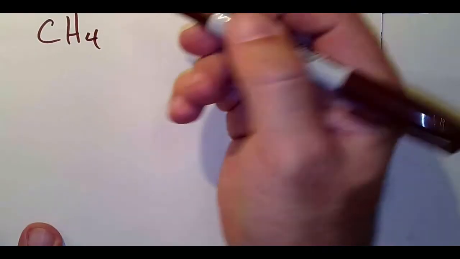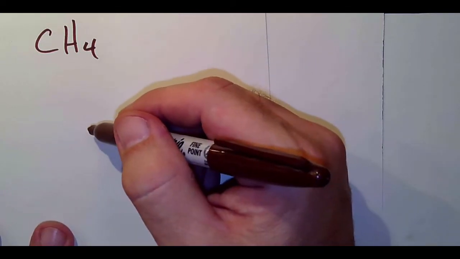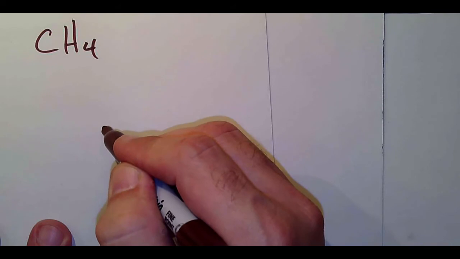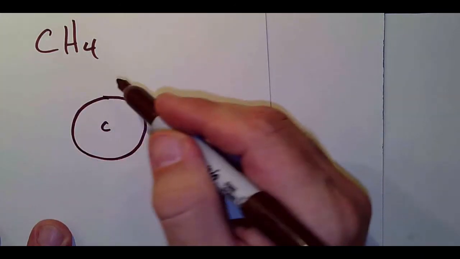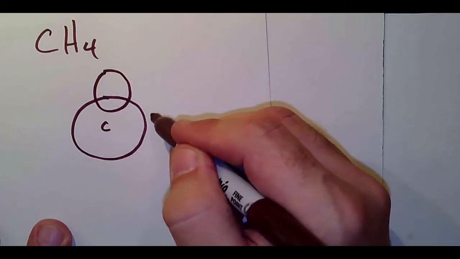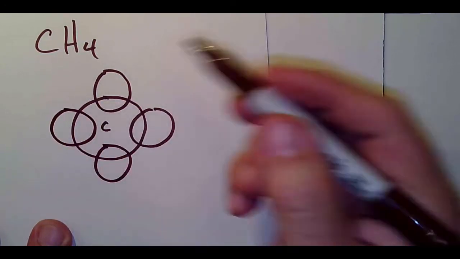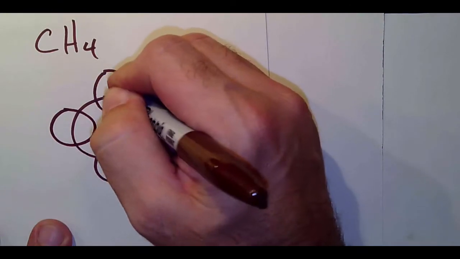So our next example of a covalently bonded molecule is going to be methane gas. And in methane gas, we're going to see a situation where we have a central carbon. Let's just draw that out there. And we're going to see 4 other atoms interact with it here, and each one of these 4 is going to be a hydrogen.